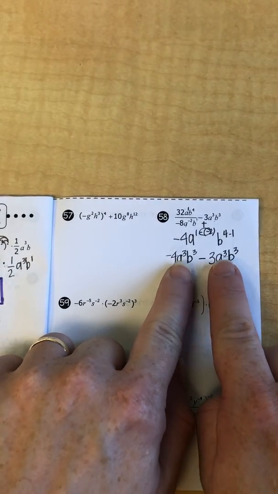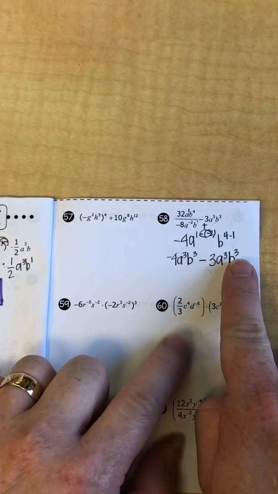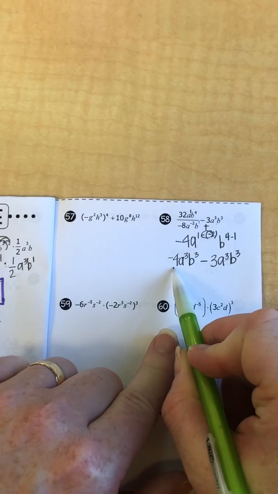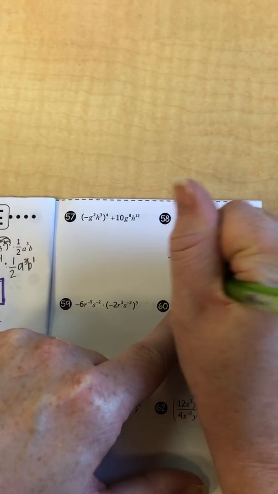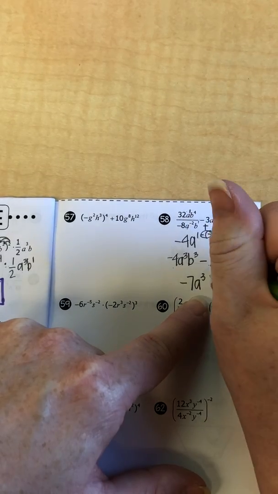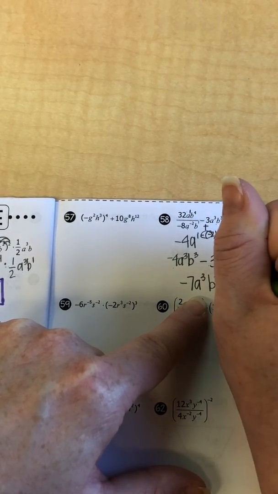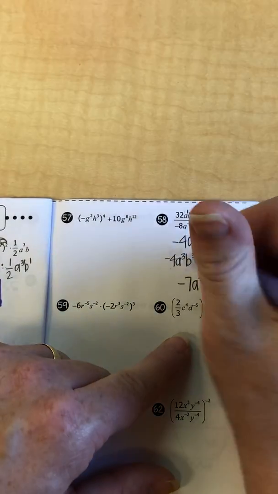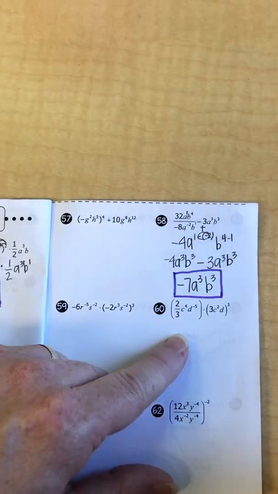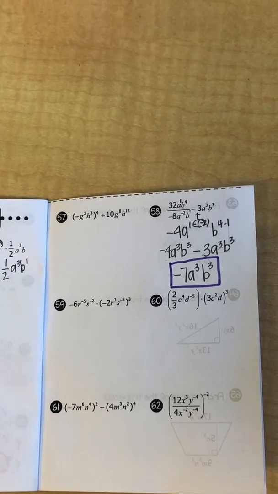Checking, I've got the same variables and the same powers, so I can combine my like terms. -4 take away 3 more is -7. So I have -7 a cubed, b cubed. And that is all I can do to simplify problem number 58. All right?